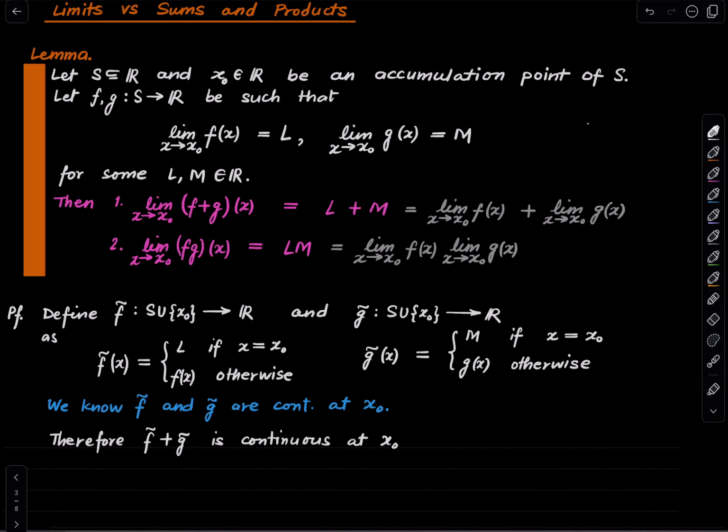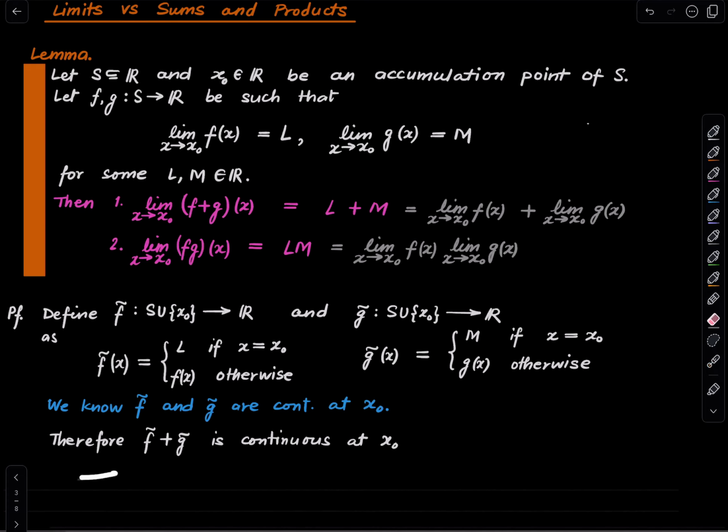And just note, what is f tilde plus g tilde? F tilde plus g tilde is, so to say, the tilde of f plus g. We haven't defined what that means, but this is just a suggestive statement.